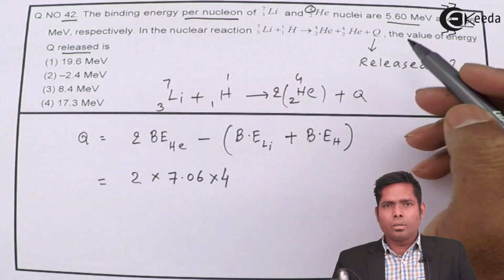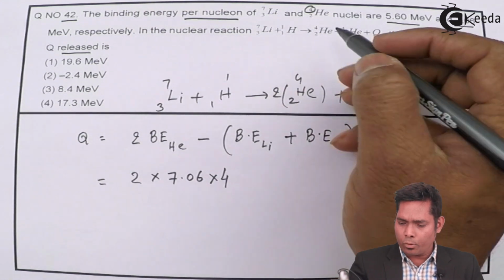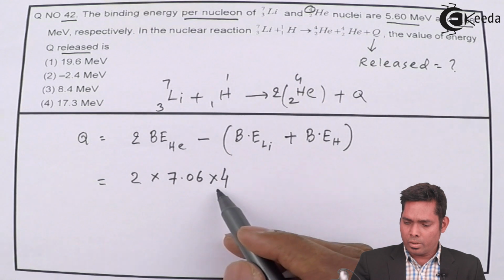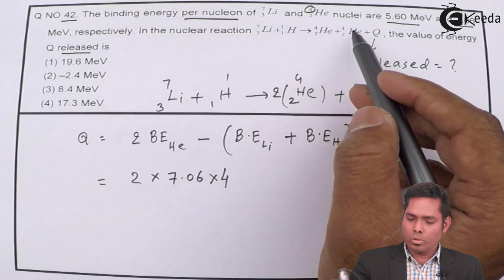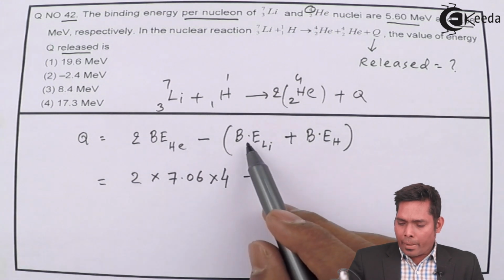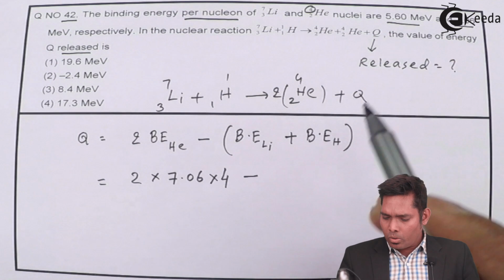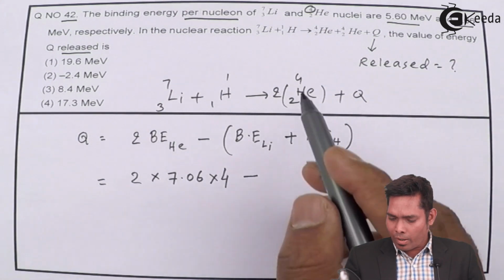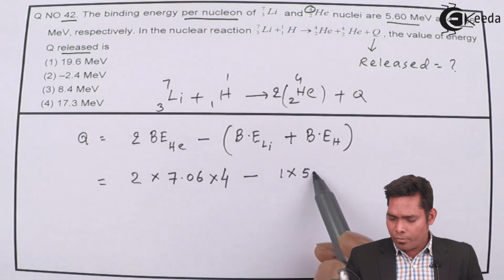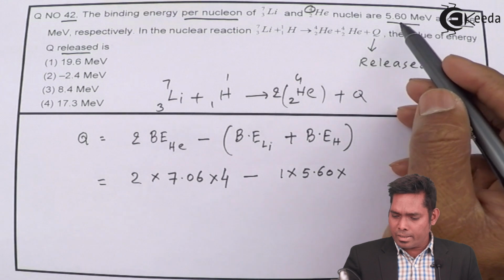There are 4 nucleons, so I have to multiply by 4, and how many such nuclei? 2, so multiply by 2, minus binding energy of lithium is 5.60, 1 nucleus, into how many nucleons?